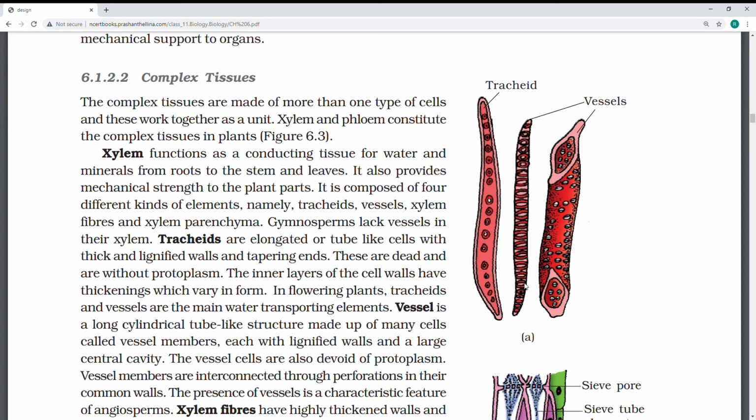That is the difference. Tracheids are dead cells, elongated with tapering ends, and the cell center is empty. Depending on the wall thickening, it can be annular rings, spiral, scalariform, reticulate, and these are mostly present in pteridophytes and gymnosperms.